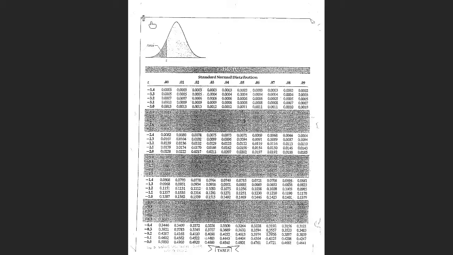But I'm going to fix this up. So I want you to look at this. They tell you in the legend at the top what the table is doing. You notice they've shaded the area to the left of a z-score at the bottom. And I'm sorry, I'm going to turn off the video. I know that's got to be looking crazy.